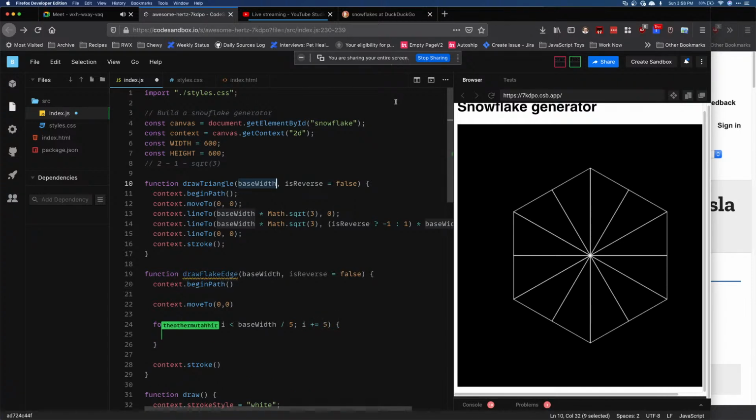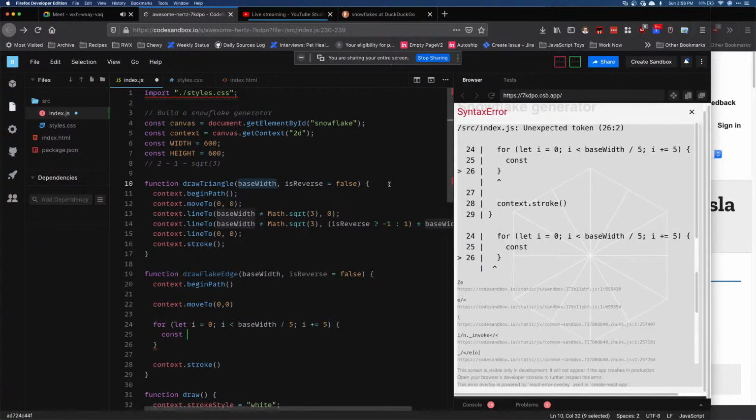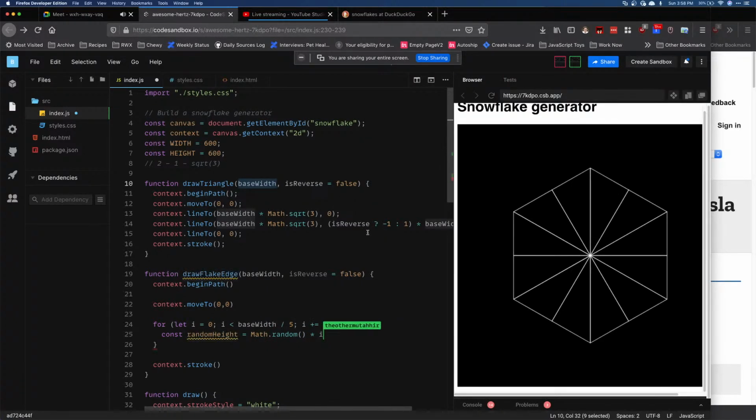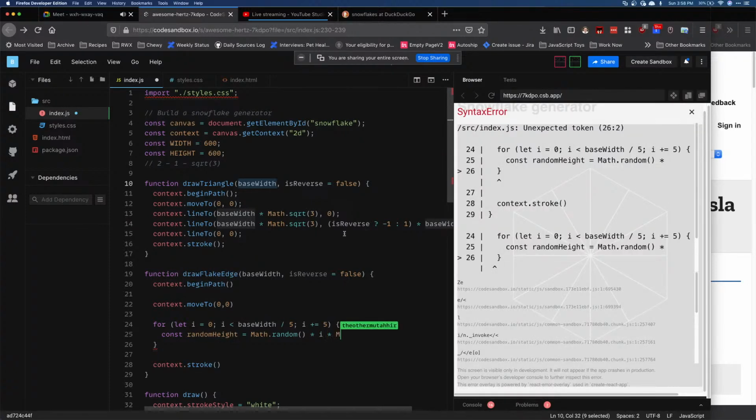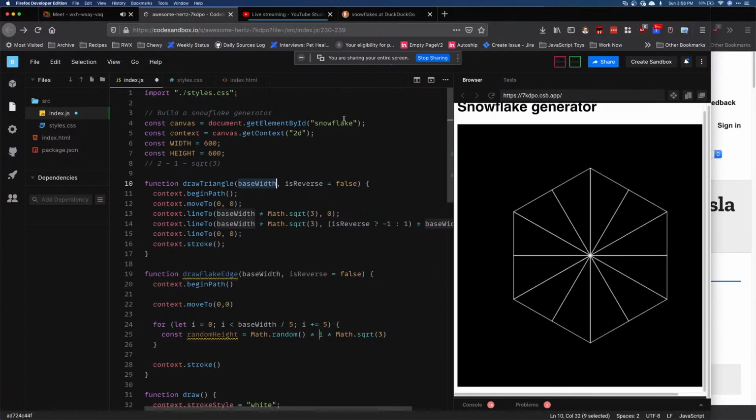And so then what we do is we say, hey, give me a random height, which is equal to Math.random, and then we multiply it with i times Math.sqrt 3. So that will be basically the number at that point. And we say, hey, context.lineTo, and then the x number is i, and the height is random height. And then we kind of keep going like this.